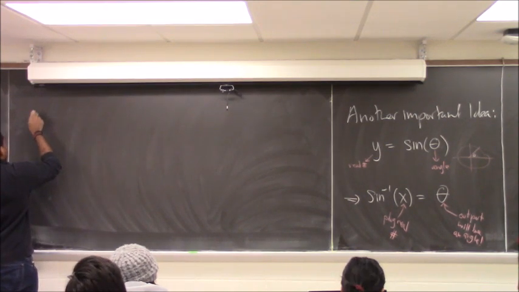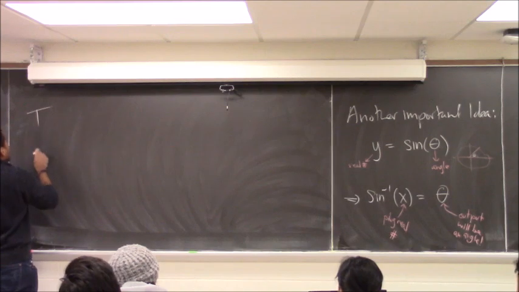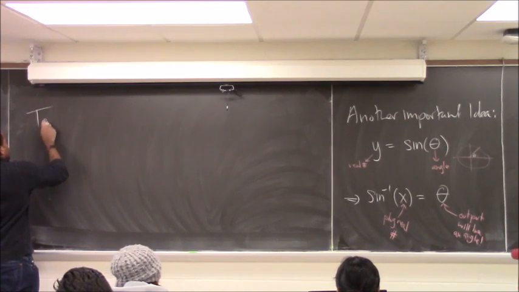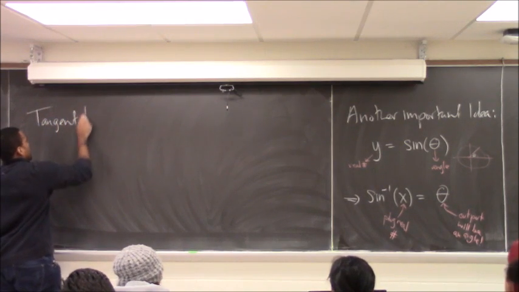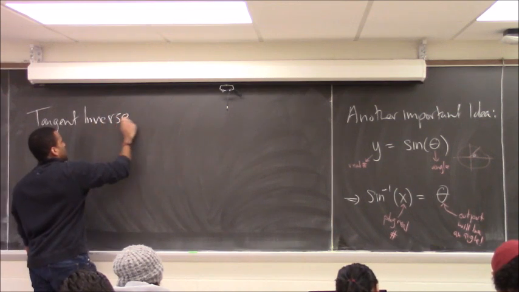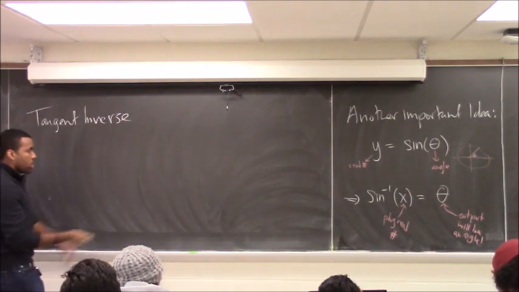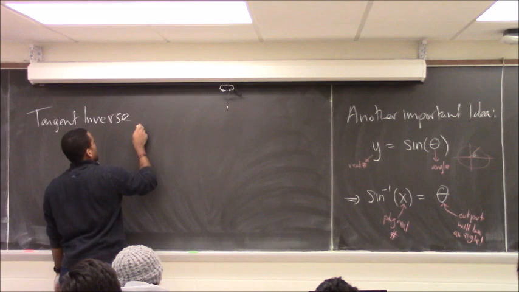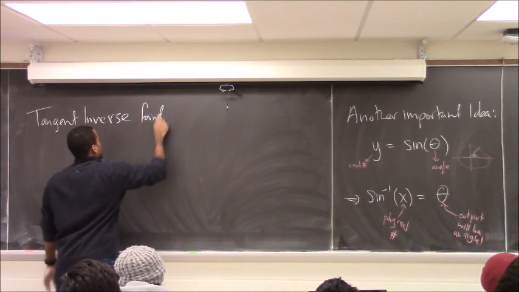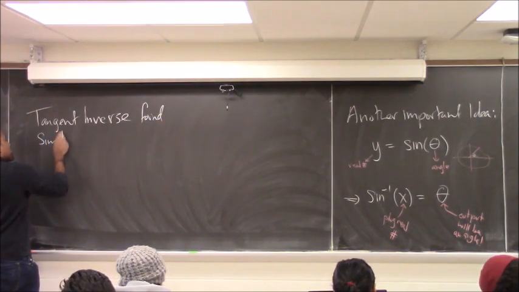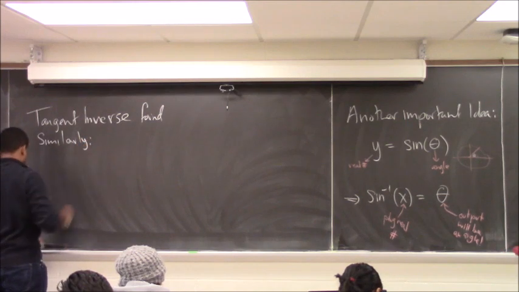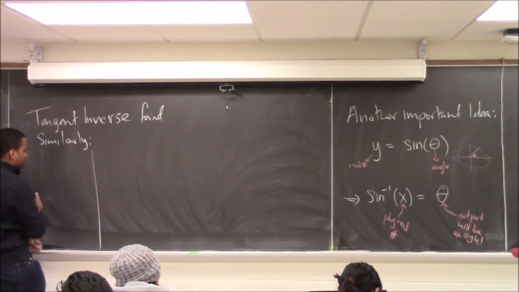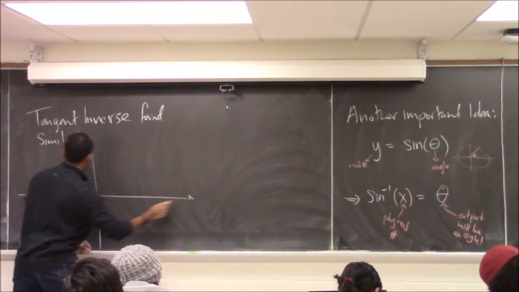After sine and cosine, let's talk about the tangent inverse. Then we'll just jump into some examples of how we're actually going to use this tangent inverse. Similarly, the tangent graph, we also saw that last time.